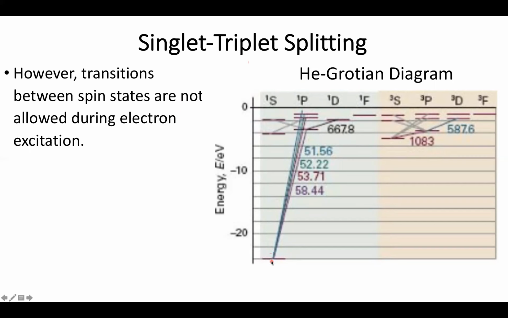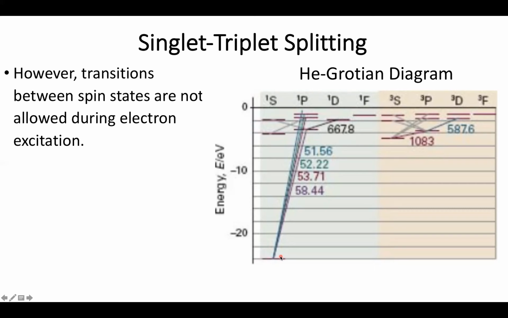So if I have helium, I start at 2 electrons occupying the 1s state. Now, it turns out that when I do this electron excitation, my spins can't flip. Photons only are going to change the orbital angular momentum of the electron, not the spin angular momentum, because the spin angular momentum for an electron is always 1/2.